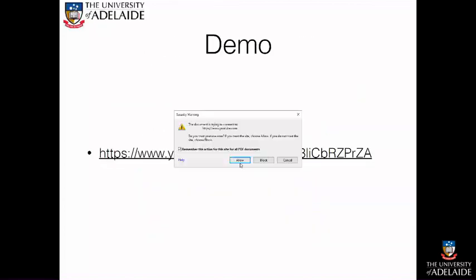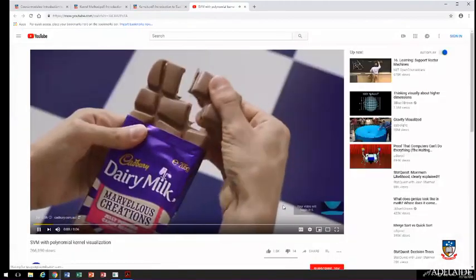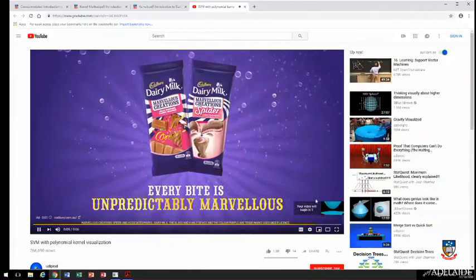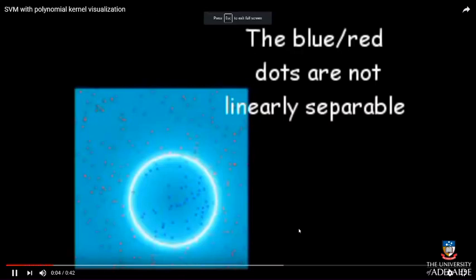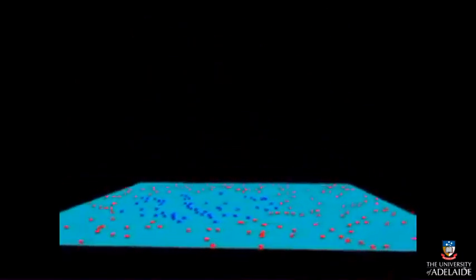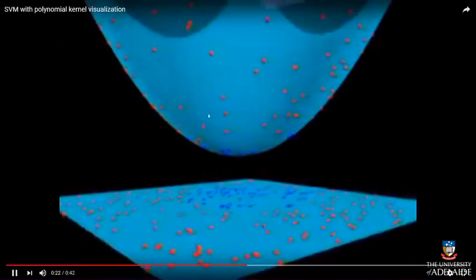Here we have a demo. So the original data in 2D is not linearly separable, and then we can project the 2D data into 3D. Right? So you lifted the data into 3D.